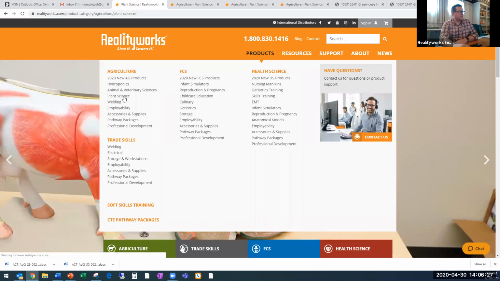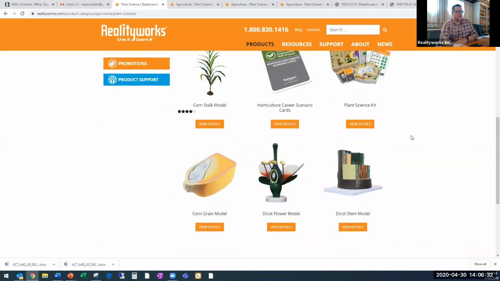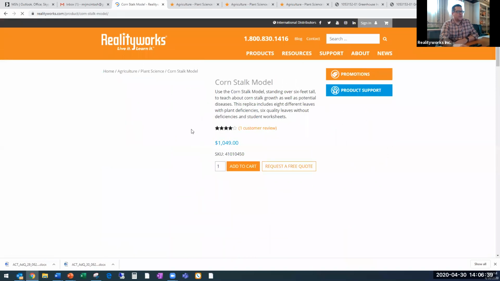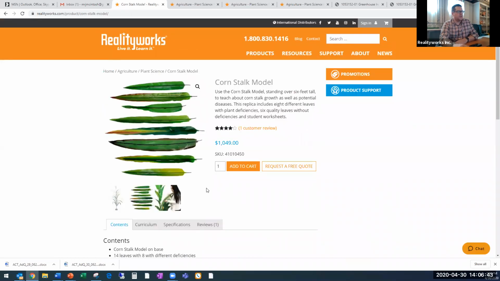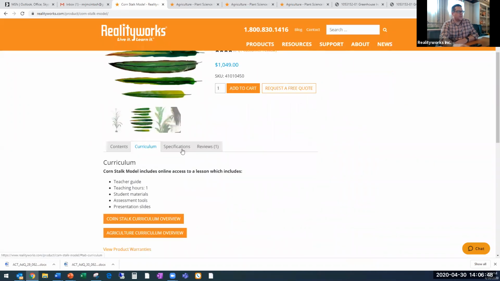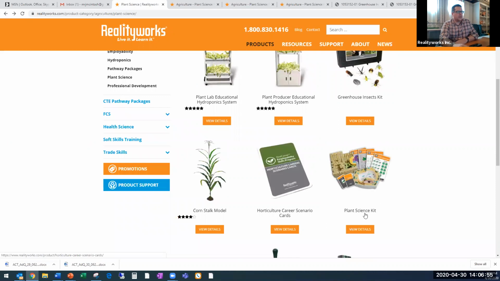When I click on plant science, it gives you all of our products and what is involved in each of them. You can click on things like the corn stalk model we talked about, and it gives you different pictures of the leaves and different options, what the curriculum is about, and any specifications that are available. Then you can go back and click on plant science, and it will give you more information as well.